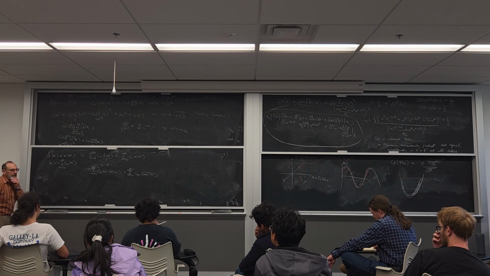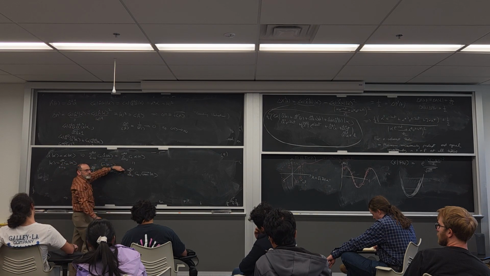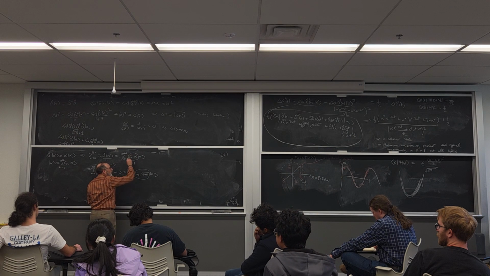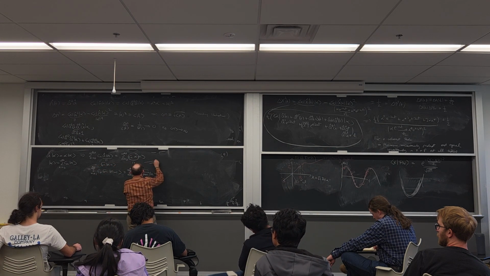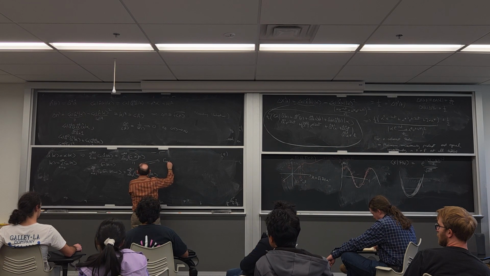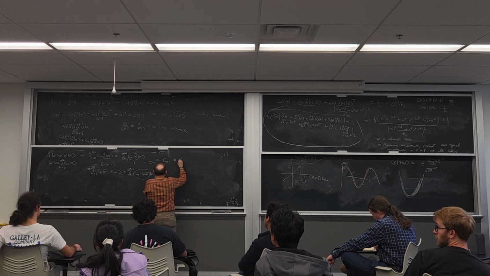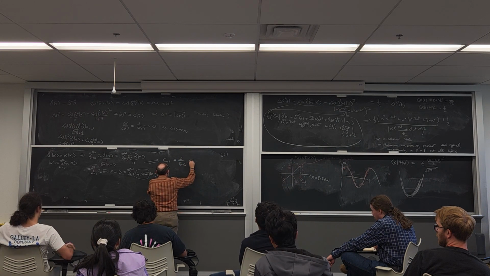Okay? So when I equate these two, it tells me that this coefficient equals that coefficient. So I get a recursion relation, which says C_{n+1} is equal to alpha divided by the square root of n plus 1 times C_n.